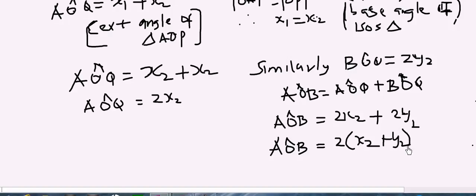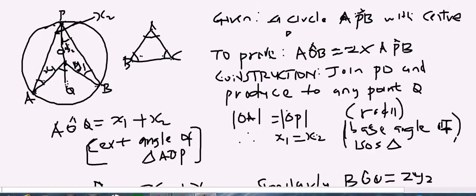So I have gotten x2 plus y2. And what is x2 plus y2? We'll look at our diagram. We see that this is x2 and this is y2.